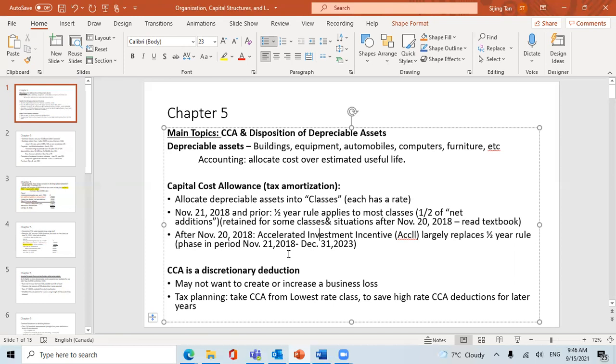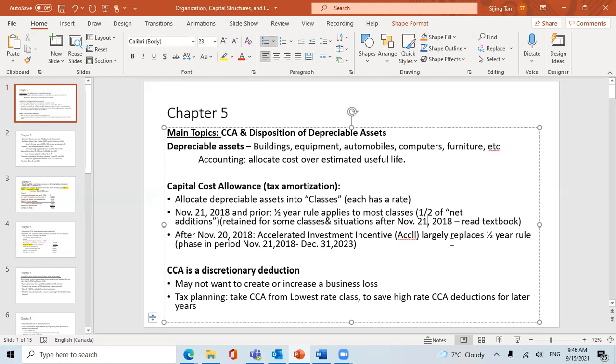That is half of the net additions. We retained it for some classes and situations after November 21st, 2018. Those specific situations you can read from your textbook. It mentions different classes where the half-year rule will not apply.